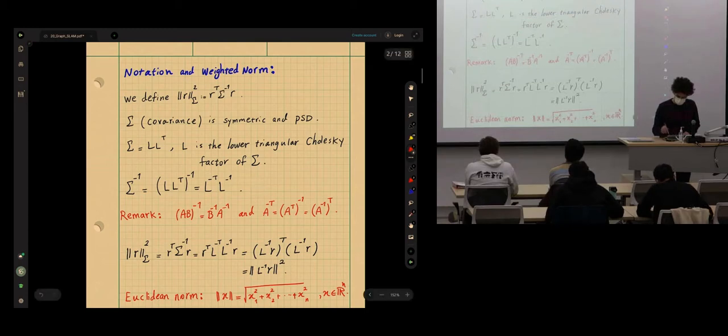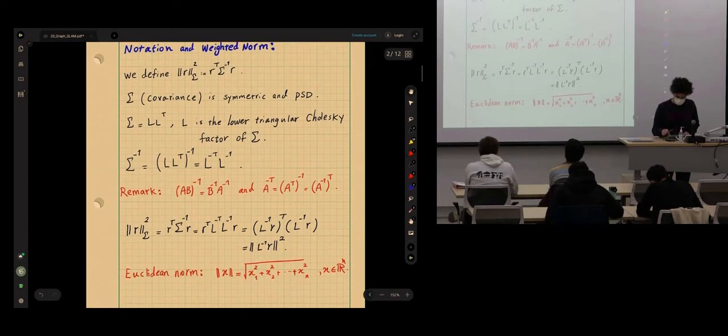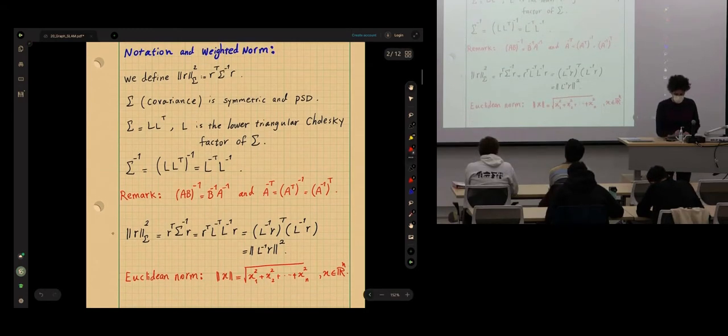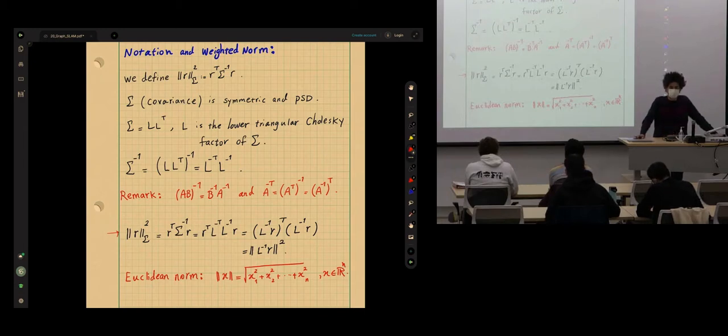So given this background, we can write down the norm and plug in the Cholesky factorization of the covariance. Then we can see that the new vector inside the norm becomes the Cholesky factor inverse times the vector inside of the norm.